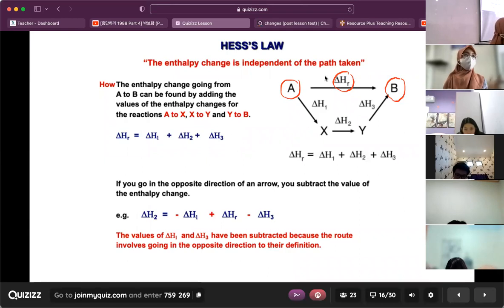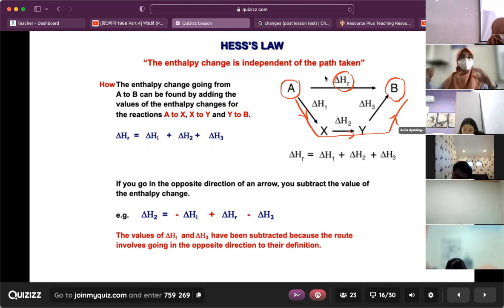But you cannot calculate this one experimentally in the lab, so you can use an indirect way, from there to there and then there.